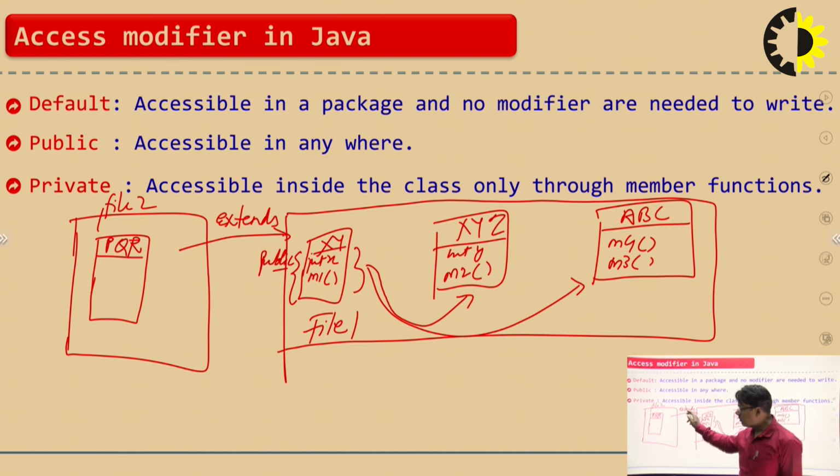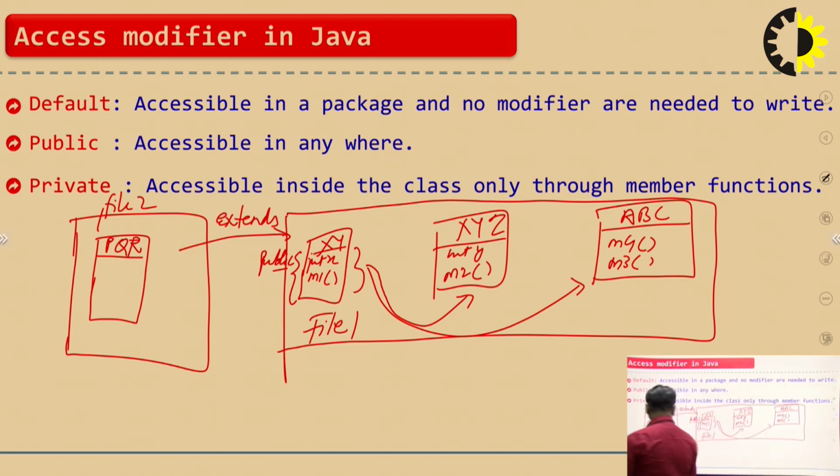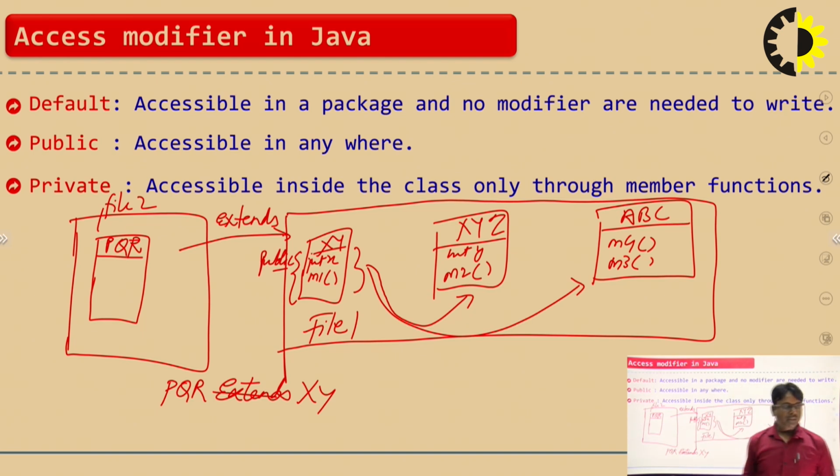This can be done with the help of the extends keyword. In code, pqr class extends xy class. This is how the code can be written for accessing. Just for understanding, pqr extends xy. So this is how we can access the public members of the other class in the new class that is introduced here.